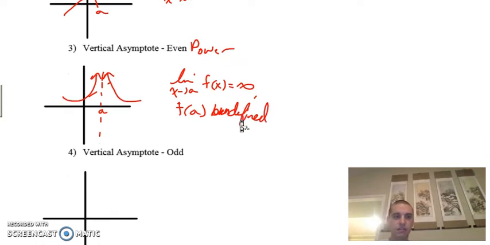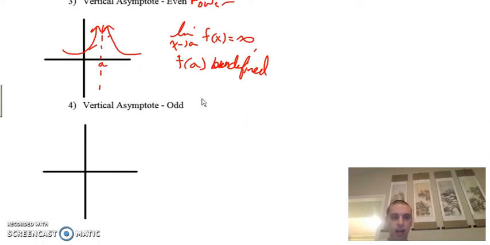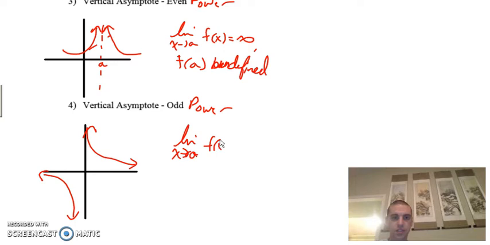And the last one, vertical asymptotes that are odd power, we know can look like 1 over x. And therefore the limit as x approaches a, in this case 0, of f of x does not exist. And so those are the four types of discontinuity that we're going to be looking at. Basically asymptotes, removable discontinuity, and then jump discontinuity.